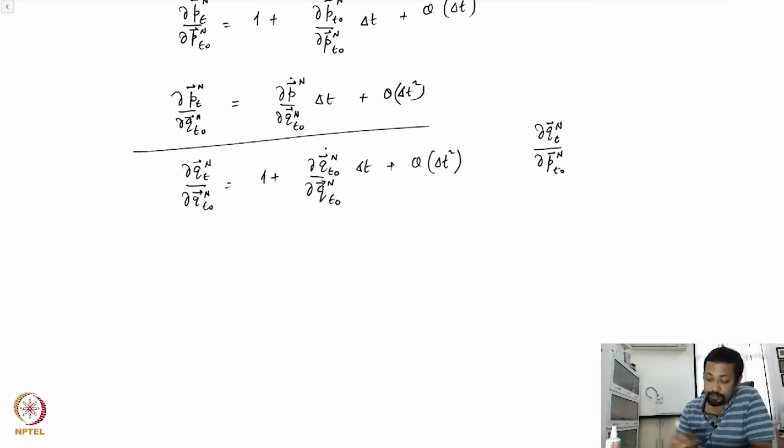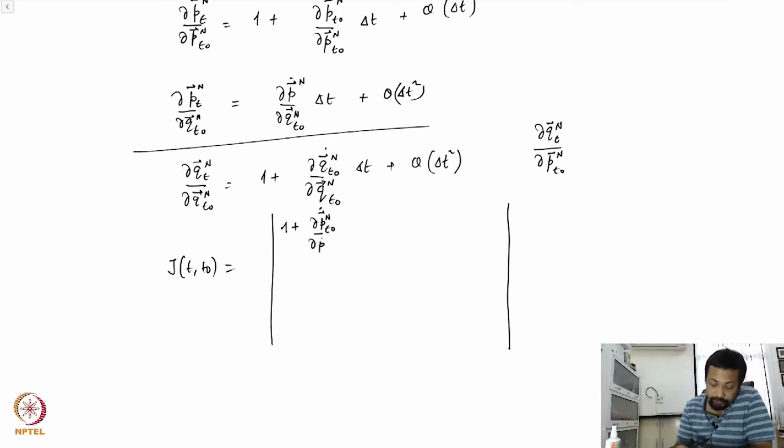So if I now use this form of the Jacobian, using Hamilton's equations of motion, what I should have is the determinant with ∂ṖN(t0)/∂PN(t0) delta t in the first entry. We'll ignore the higher order terms over here, and the other diagonal entry is going to be 1 plus ∂Q̇N/∂QN, both evaluated at t0.